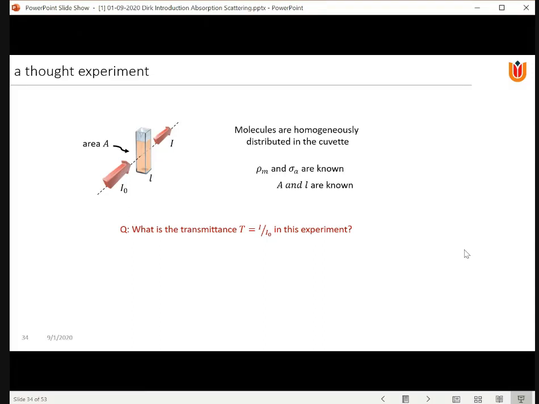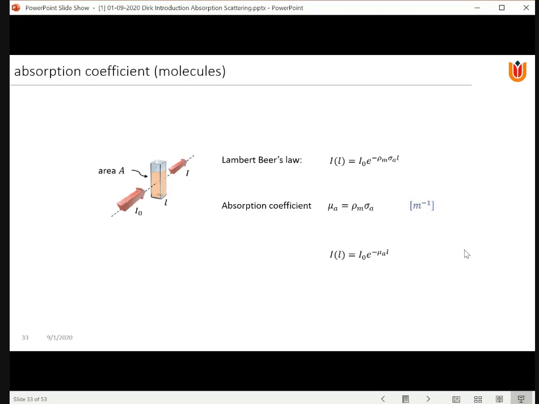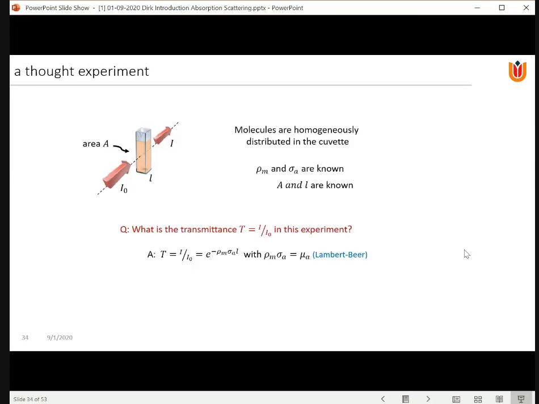No, not one. I'll give you a quick peek back at the previous slide, the last equation. So I over I0 would then be exponential, exactly, exponential of minus mu A times L. Yeah, there we go, which is basically just Lambert-Beer's law.